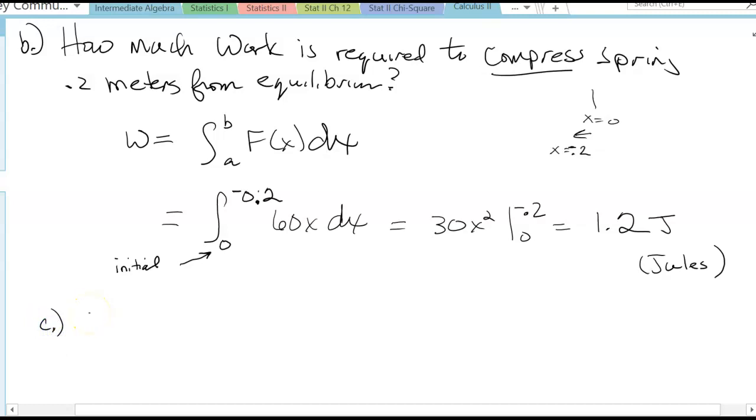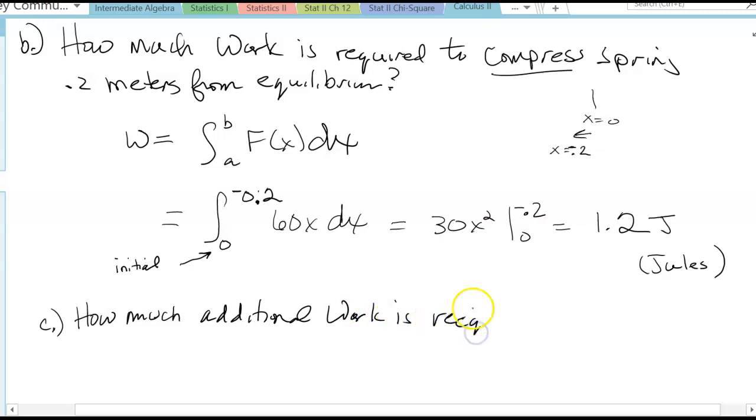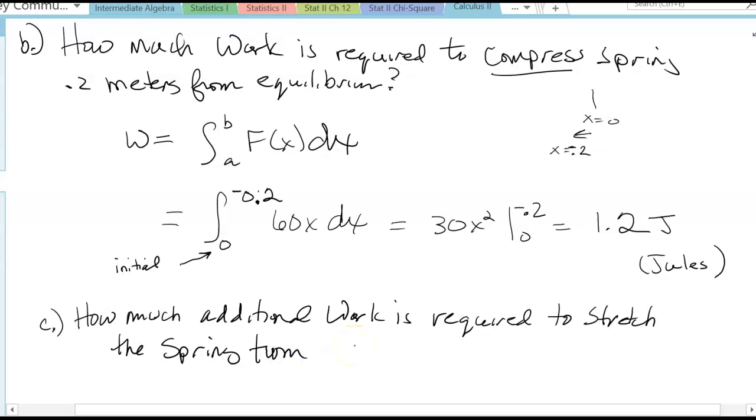And it's that simple. So now for the next question, let's take a look. How much additional work is required to stretch the spring 0.3 meters if already at 0.25 meters?